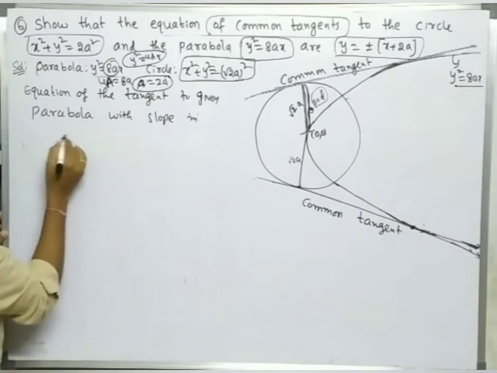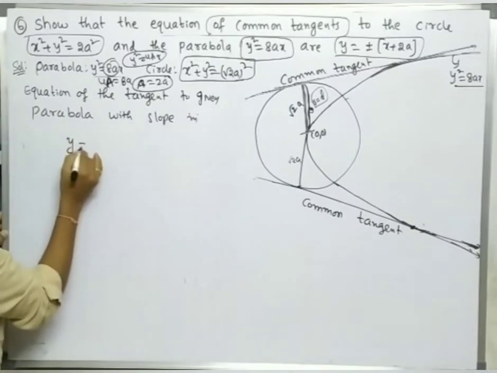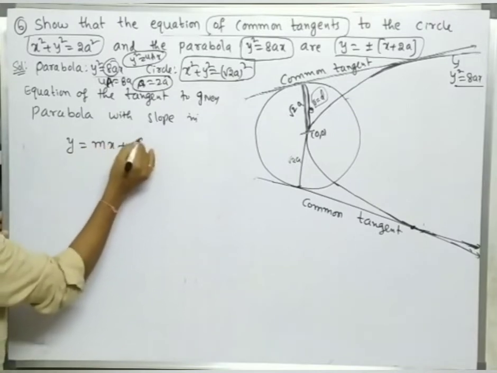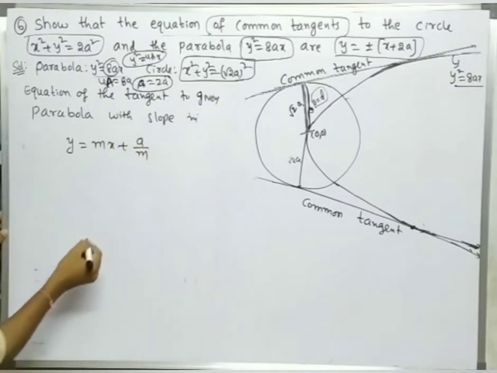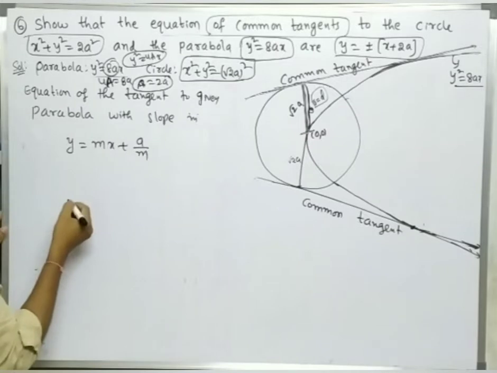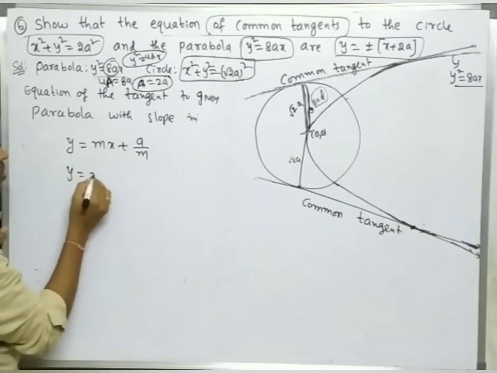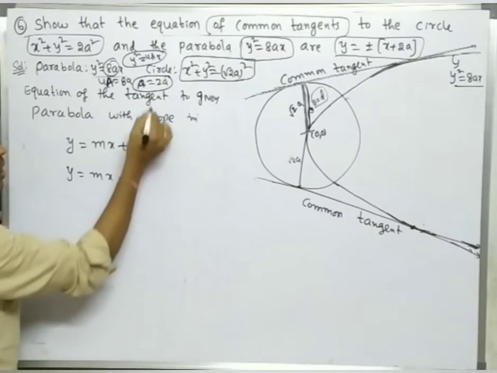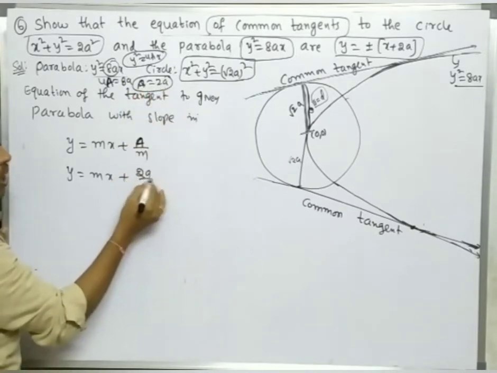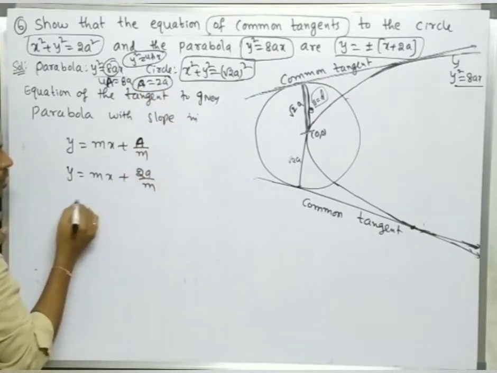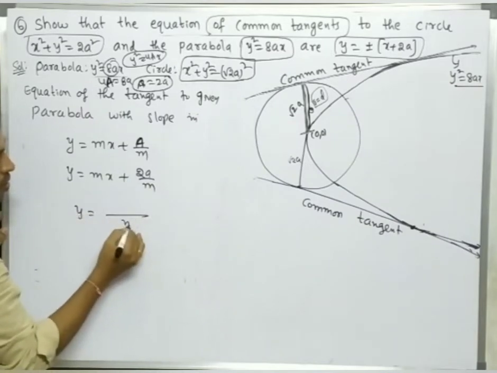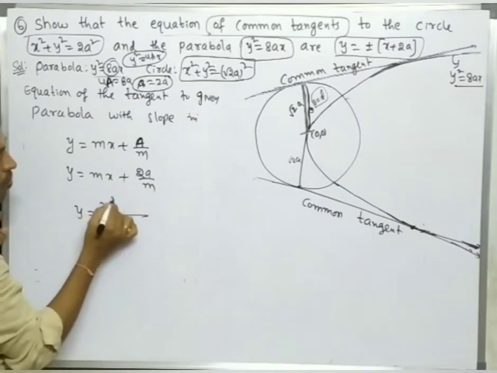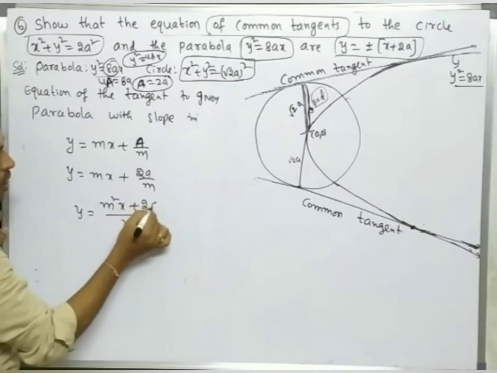Now, what is the slope form? Equation of tangent in slope form: y is equal to mx plus a by m. So y is equal to mx plus capital A by m. What is capital A here? 2a by m. Do LCM. m into y is equal to m square x plus 2a.